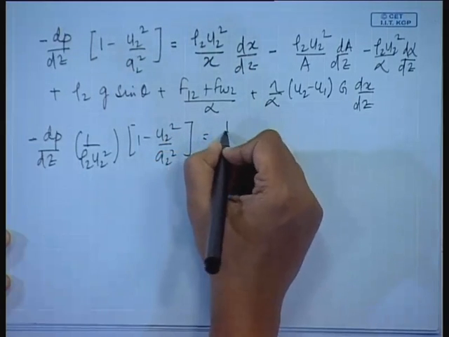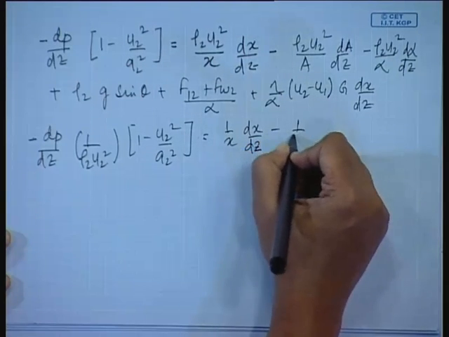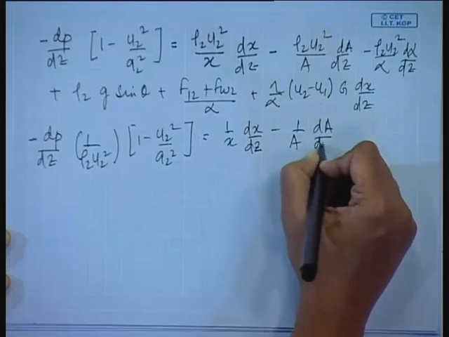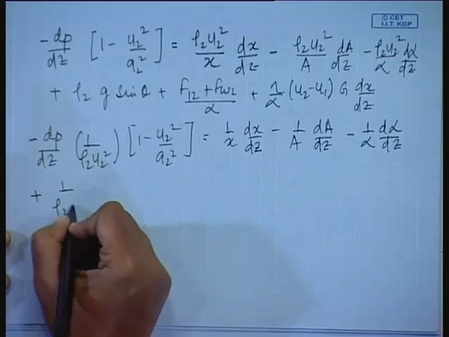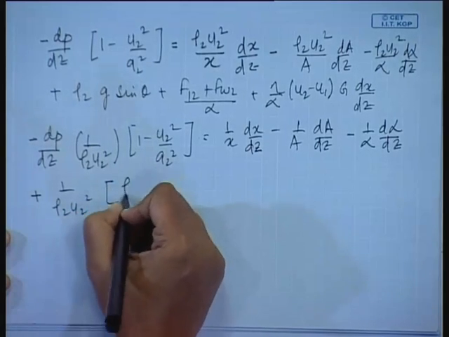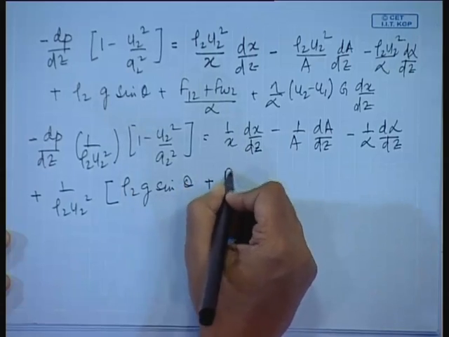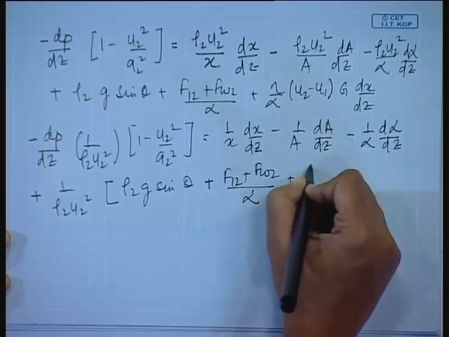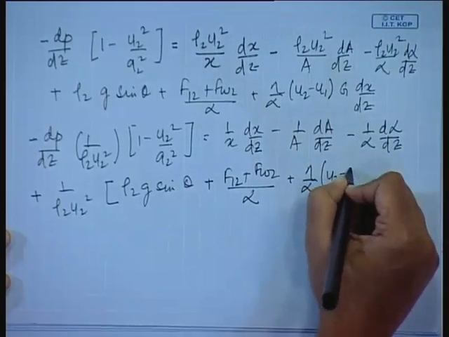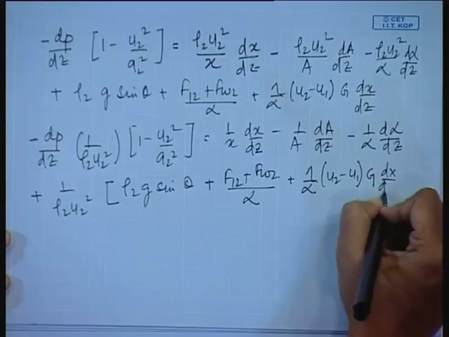This is nothing but equal to 1 by x dx dz, 1 by A dA dz, 1 by alpha d alpha dz, plus 1 by rho 2 u 2 square times f12 plus fw2 by alpha plus eta by alpha u 2 minus u 1, g dx dz.